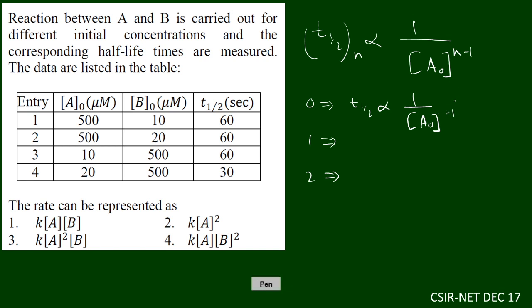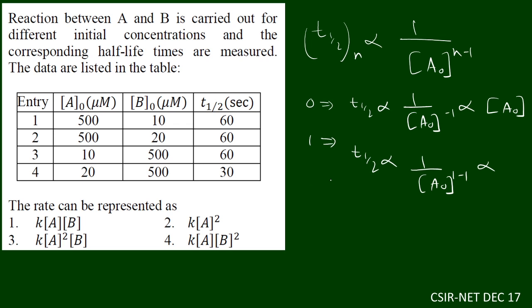This can be written as a naught to the power plus 1. For first order reaction, t half is proportional to 1 upon a naught to the power 1 minus 1, that is 0, so it is independent of initial concentration.